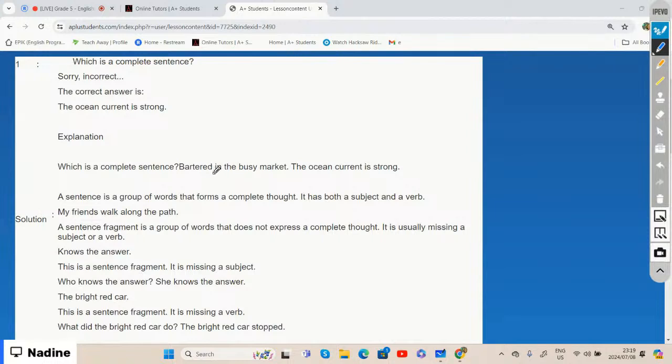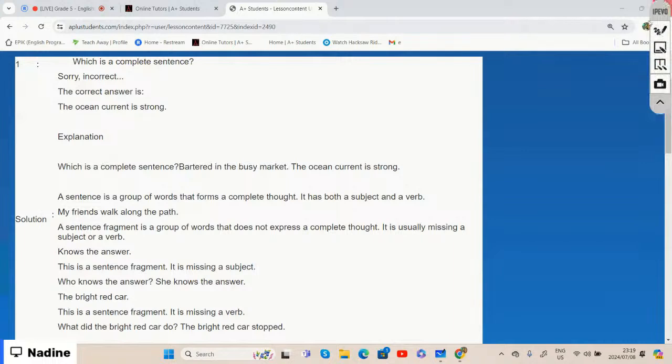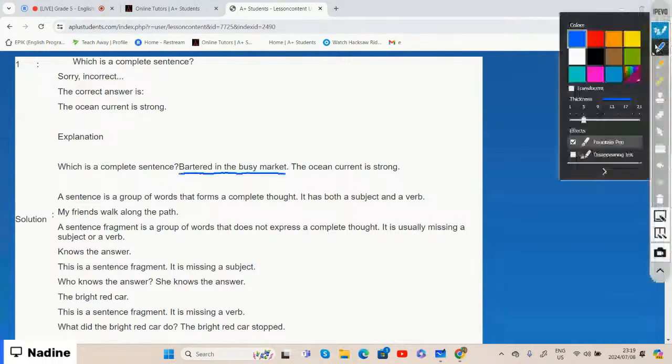The first sentence is parted in the busy corner, right? So parted in the busy corner, or we have the ocean current is strong.